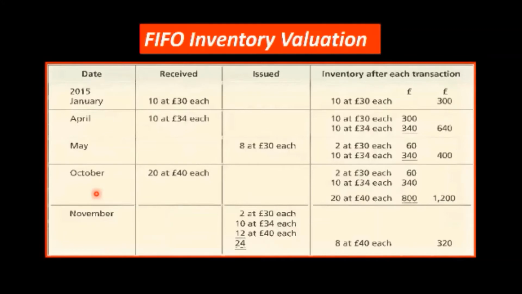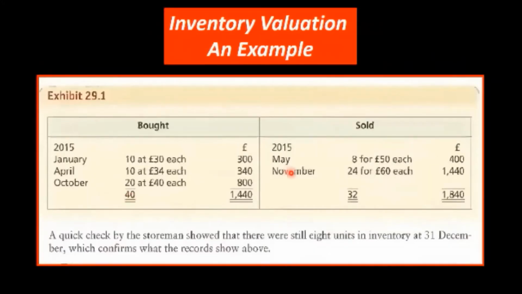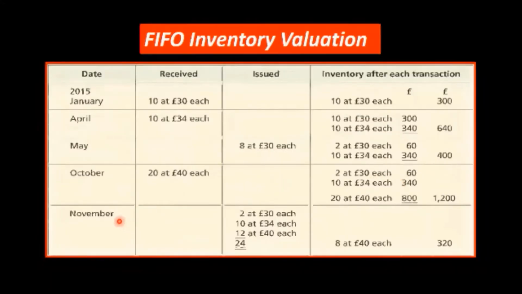Okay, so our next transaction is going to be the last transaction in November, and we sold 24 for $60 each. And we bring it here and we're taking out the 24 here. Okay, but how is it going to come out? We sell the first in, 2, then we sell the next 10, and that gives us 10 and 2, 12.